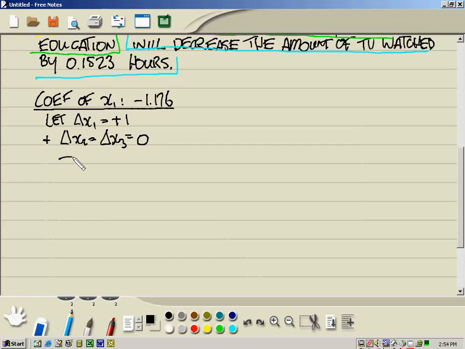Alright, and what that'll do is to lead to a change in y equal to the value of the coefficient. All that's true, but one way of visualizing that is to think of a table here. So we'll have the values of x, and we'll do that for two hypothetical senior citizens.